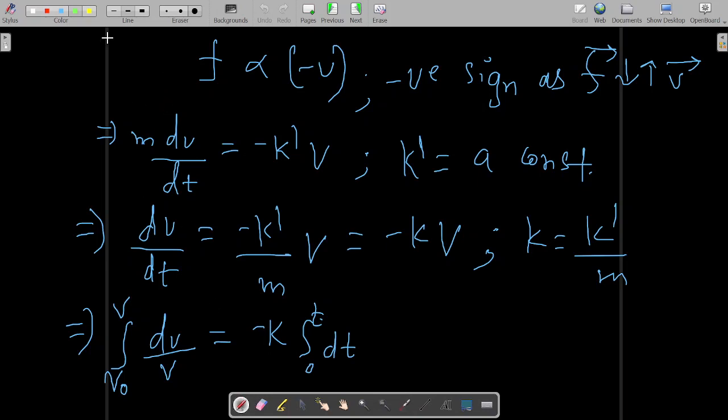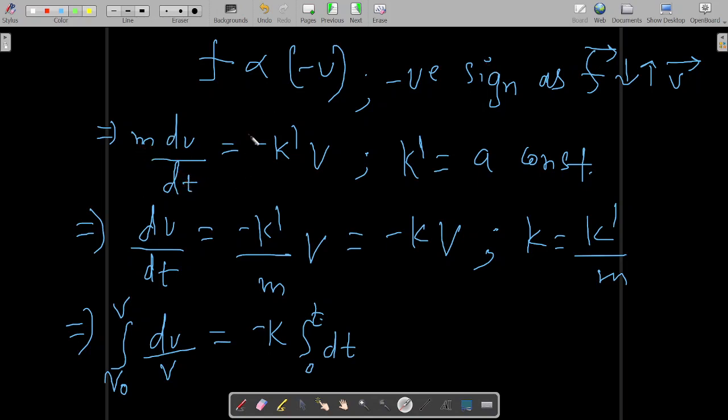Suppose if you move in this direction, then air resistance will apply in this direction. If you move in this direction, air resistance will apply in this direction, right? Because air resistance has a tendency to oppose, just like frictional force. Just like frictional force, air resistance too has a tendency to oppose the motion. So F is directly proportional to minus v, negative sign as F vector is anti-parallel to v vector.